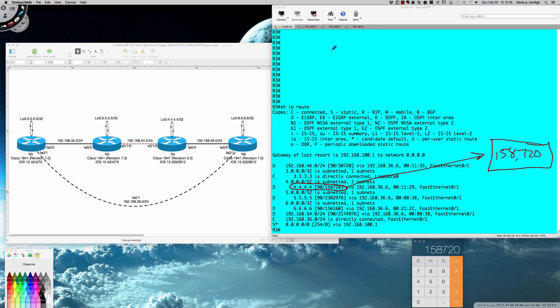Again, it's actually not as complicated as they make it look, especially when you're only using the bandwidth and the delay. The key to remember is it's the slowest bandwidth and it's the cumulative delay.